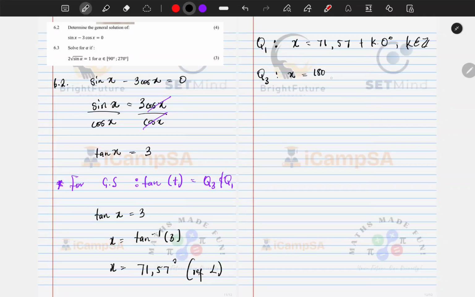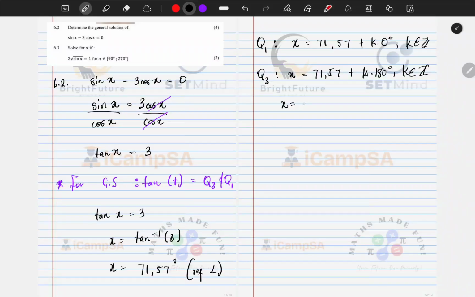Quadrant 3, right? We are focusing on tan. Quadrant 3, it's going to be 180 degrees. So in quadrant 3, it's positive. So it's just going to be 71,57 plus this. And k is an element of integers, right?